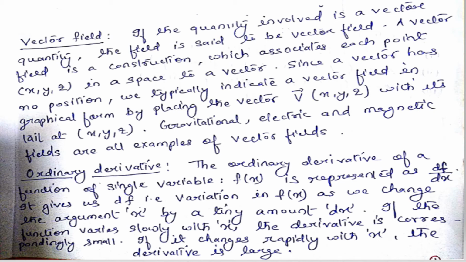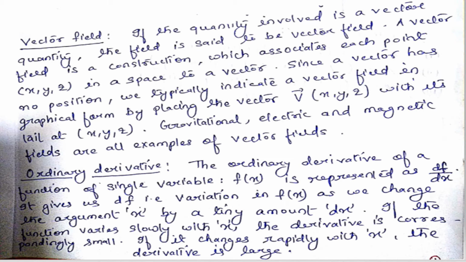As I have already mentioned, the ordinary derivative is represented by df by dx. Now x may change. Suppose my function is varying with the y-axis; it totally depends upon what the variable is. As I mentioned, E is a function of a scalar quantity, and the same way f is a function of t.